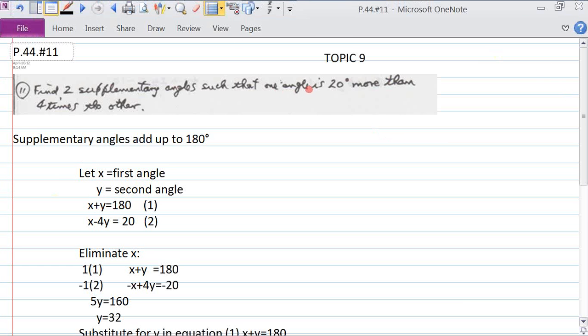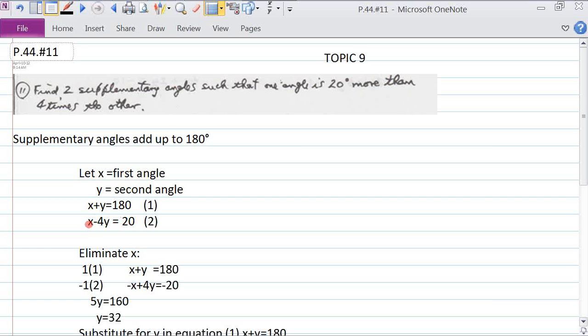Now, one angle is 20 more than 4 times the other. That means the difference between this angle and 4 times the other is going to be 20. So here I have a statement: if I subtract 4 times that other angle from it, it gives me 20.